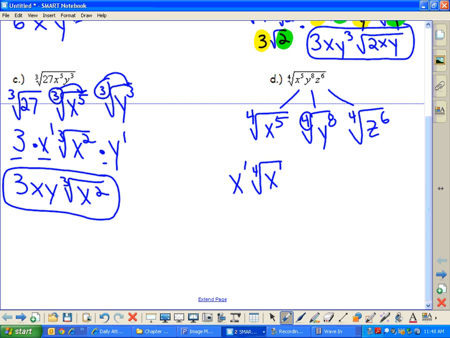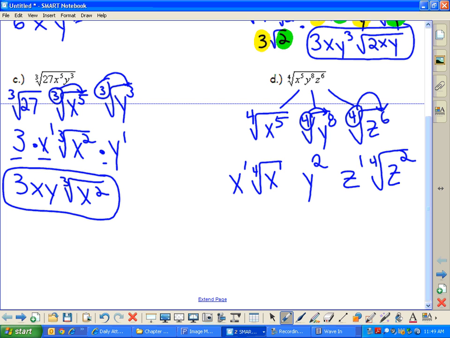For the y's, 4 goes into 8 twice. So that little 2 becomes my exponent for my y. And then 4 goes into 6. So if I'm asking myself how many times 4 goes into 6, that's just one time. And then there are 2 z's left over. So that 2 becomes the exponent for my radicand.